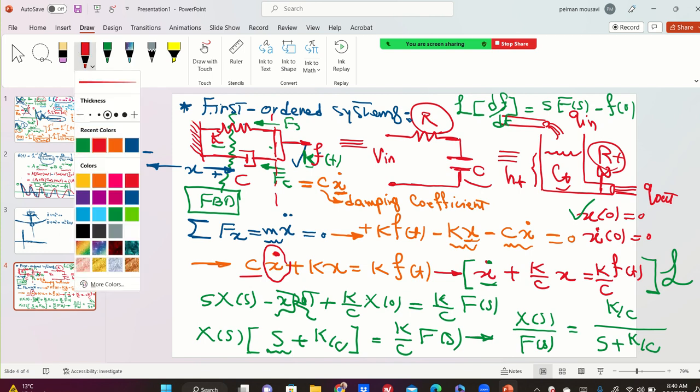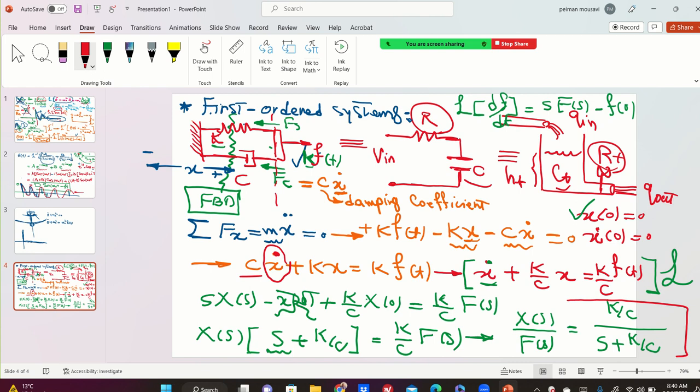Bingo. Because the highest is 1. In the time domain, the highest derivative is 1. In the frequency domain, the highest power of s in the denominator is 1. This is a first order system. Clear, guys?